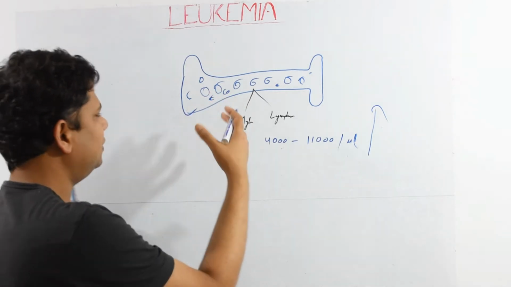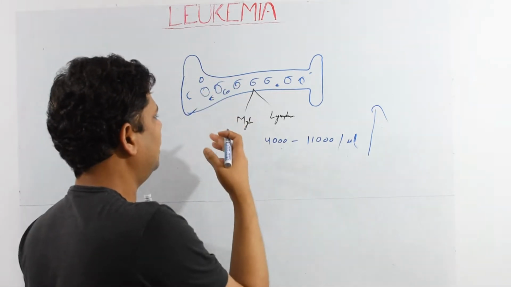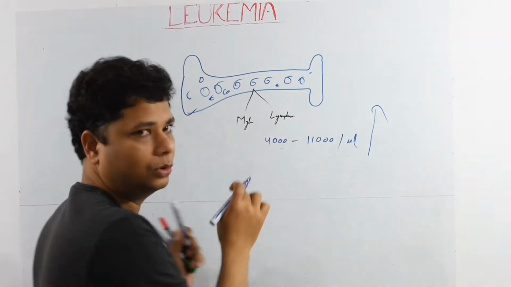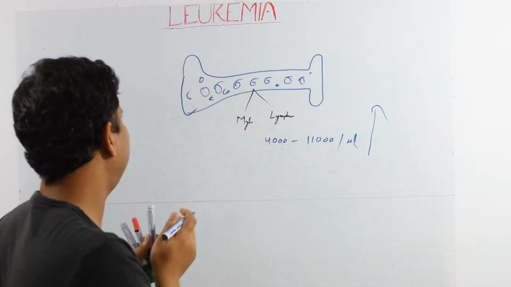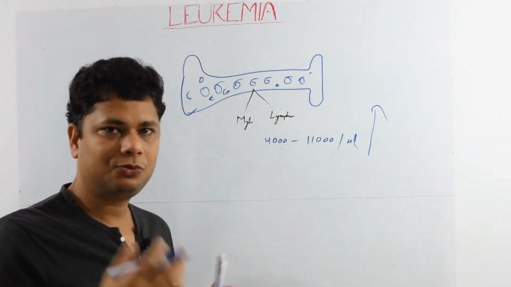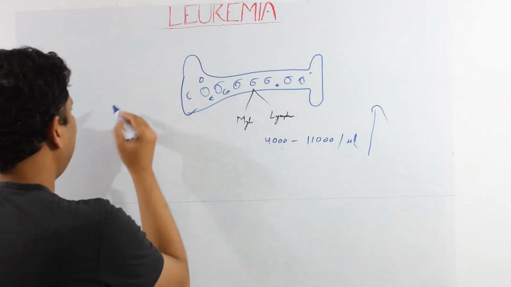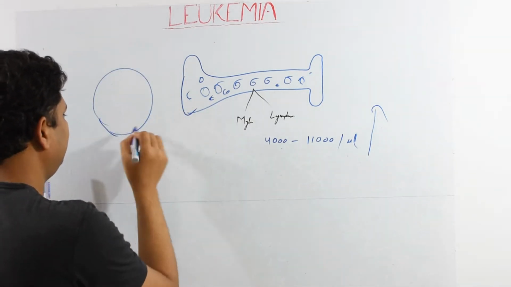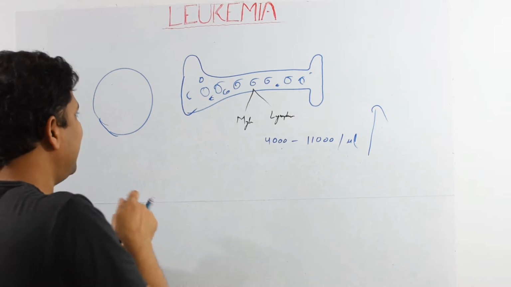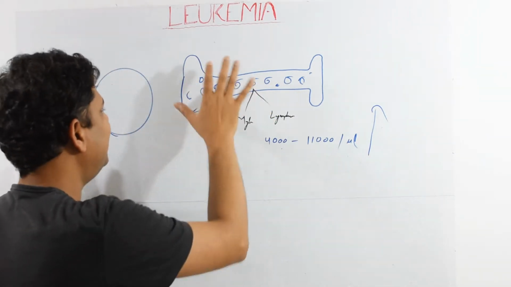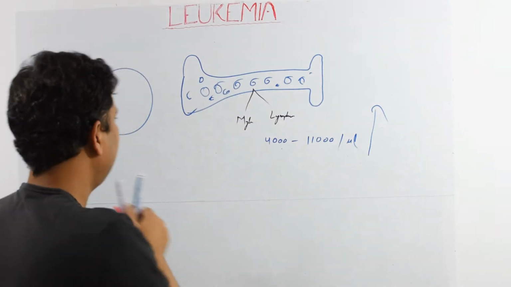So whenever they get a signal from outside, they will start growing and differentiating. But sometimes what happens, suppose this is one stem cell and it is dormant, it is not growing and it is present in the bone marrow.